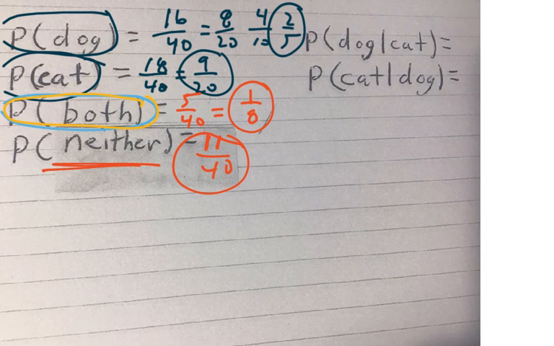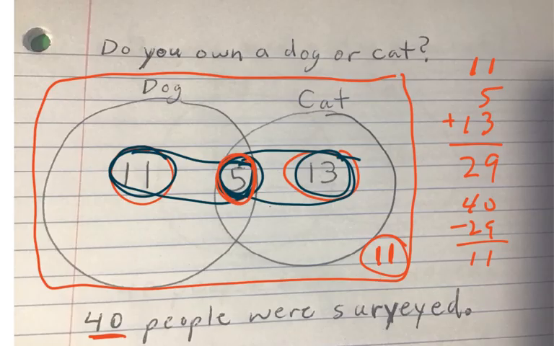Now we come to the key ones that still get you guys a little bit, but hopefully we can resolve it now. The key thing is this vertical bar right here, guys, means we know they had a cat. So then we're going to look and we're going to go, we have to look in here, right? We don't care about the 11 there that have a dog only. They don't have a cat, do they? Or what about the 11 out here that we calculated early?